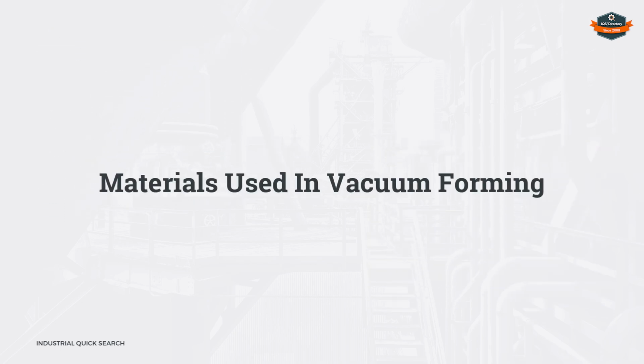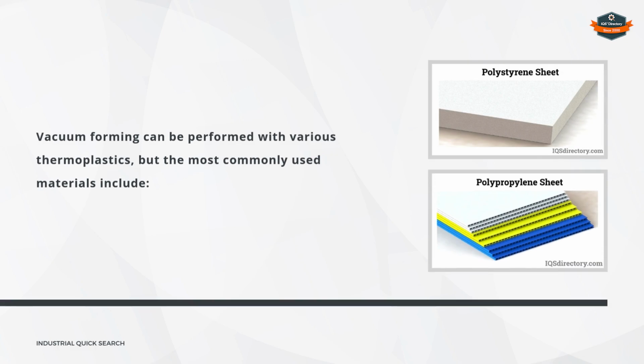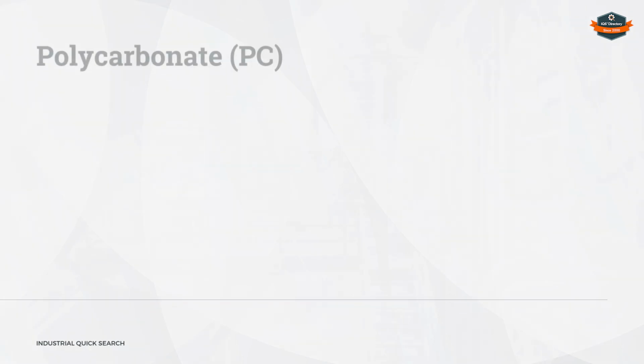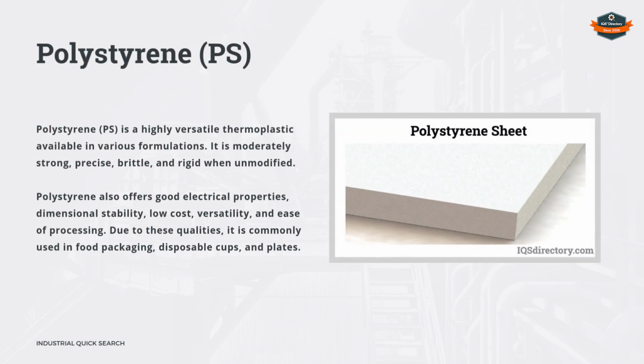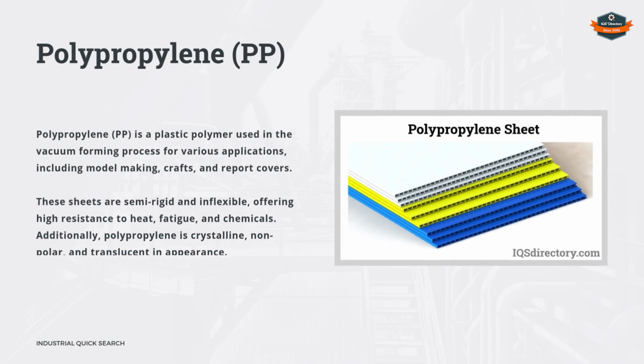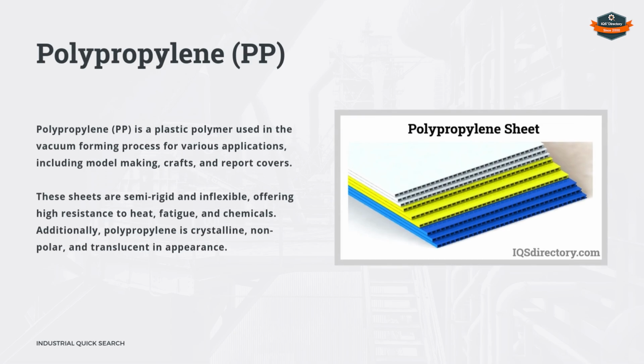Materials used in vacuum forming. Polycarbonate, PC. Polystyrene, PS. Polypropylene, PP.